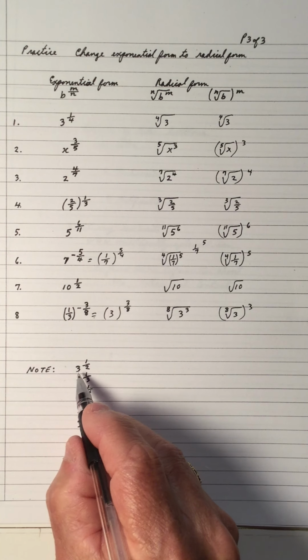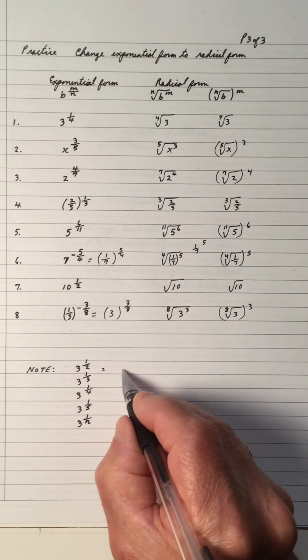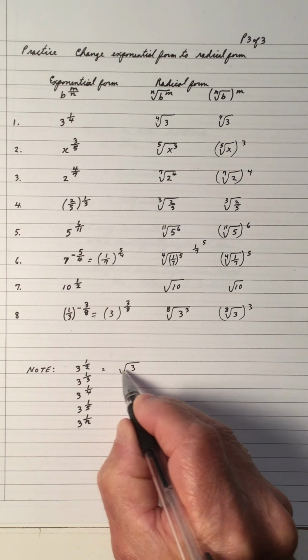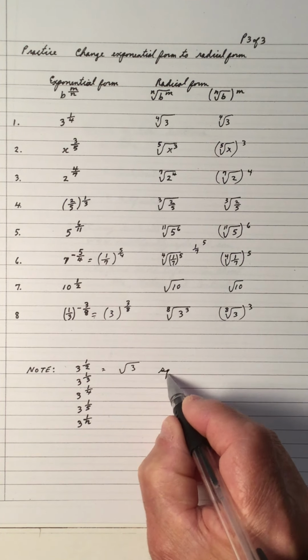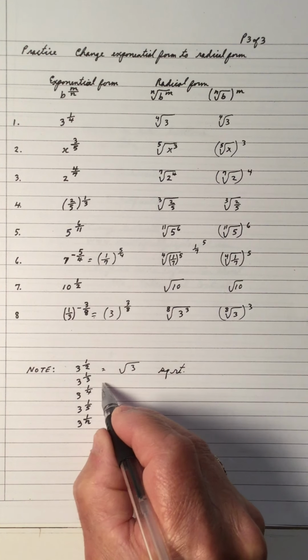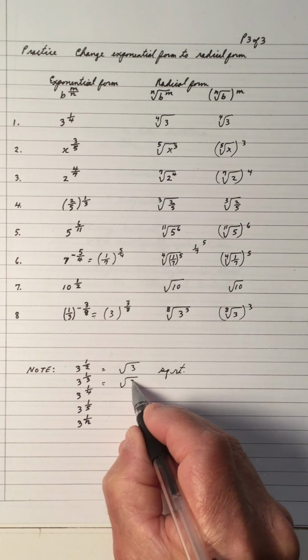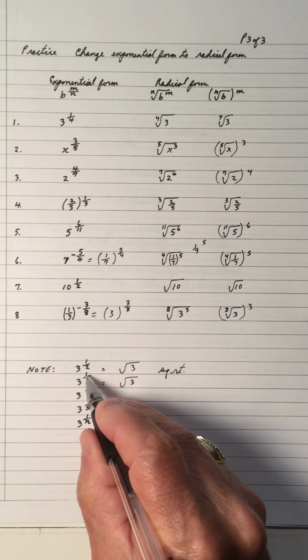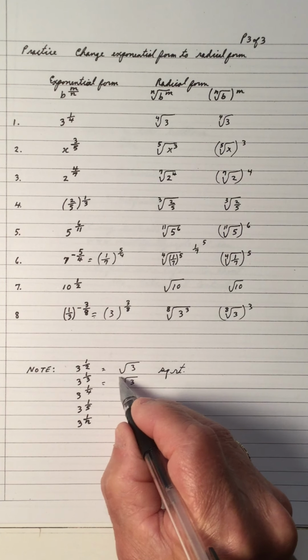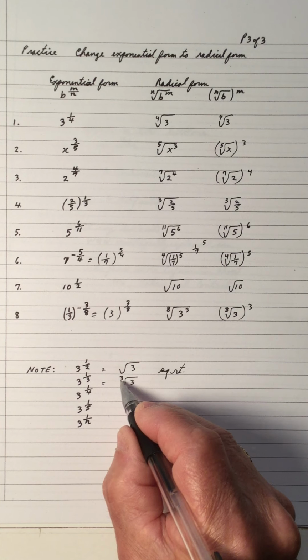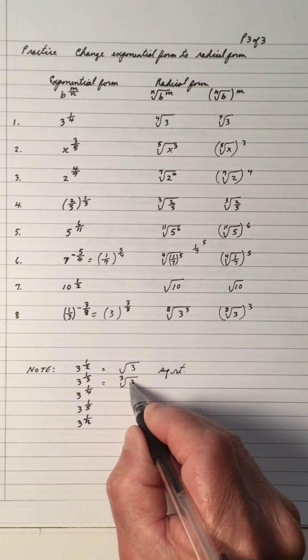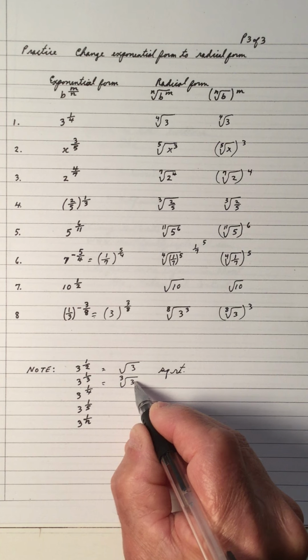Note, 3 to the half is, base is 3, 2 to the 1. That's square root. And this is the base 3 raised to the 1/3, so that's a cube root, cube root of 3 to the 1 power.